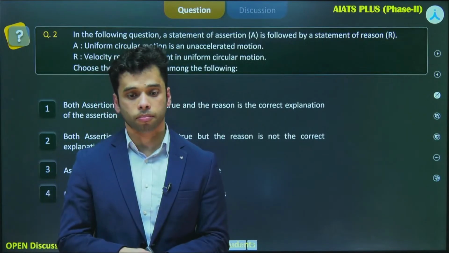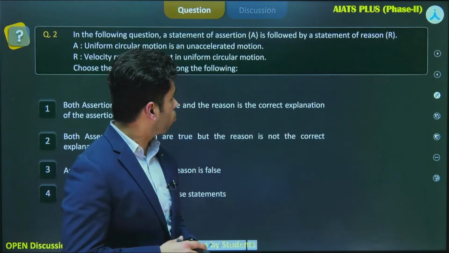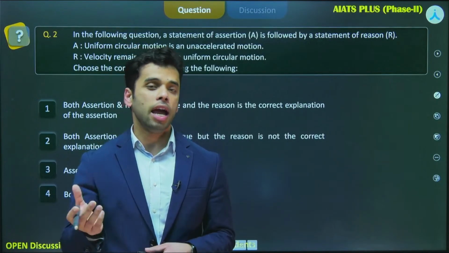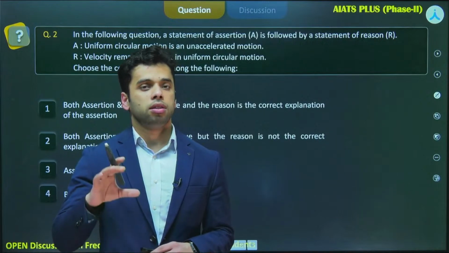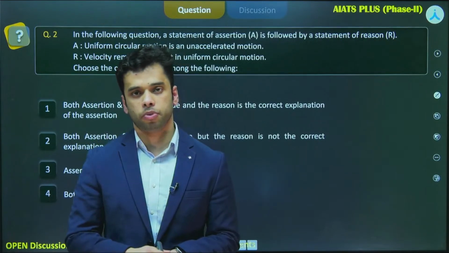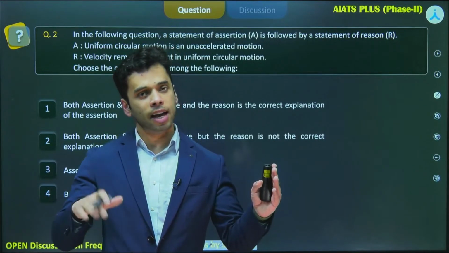Now, if I try to solve this problem, I can recall from the fact that in any kind of circular motion, the velocity is going to change its direction continuously, right? Velocity being a vector quantity has magnitude and it has direction.